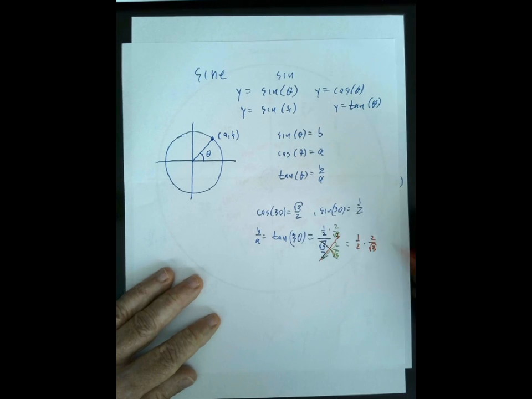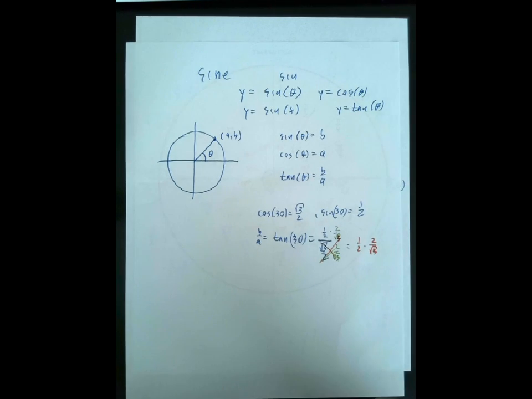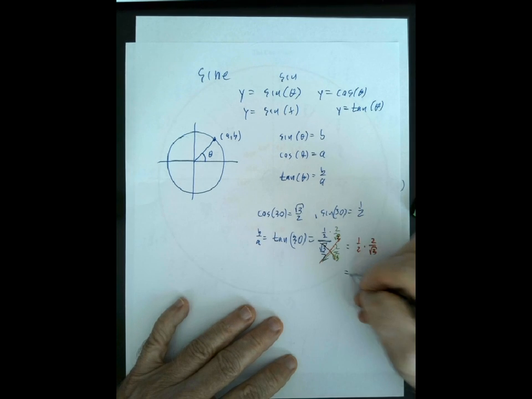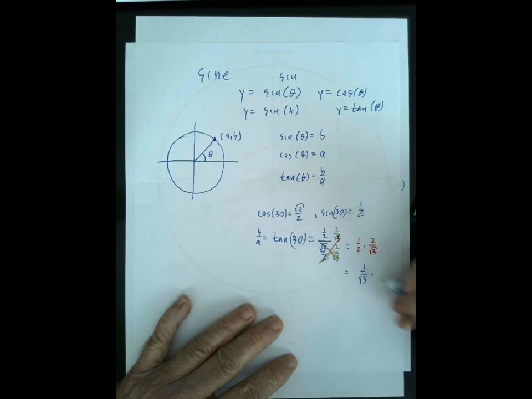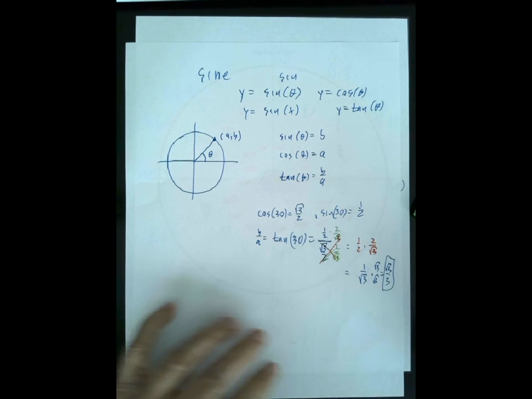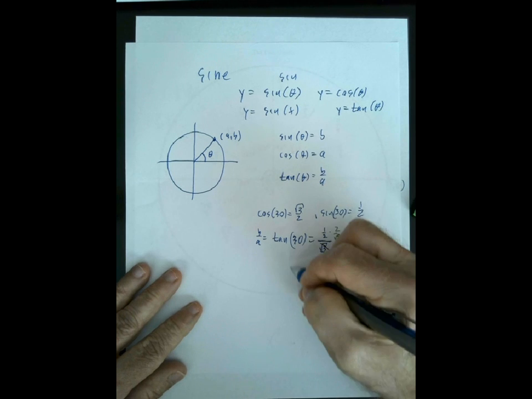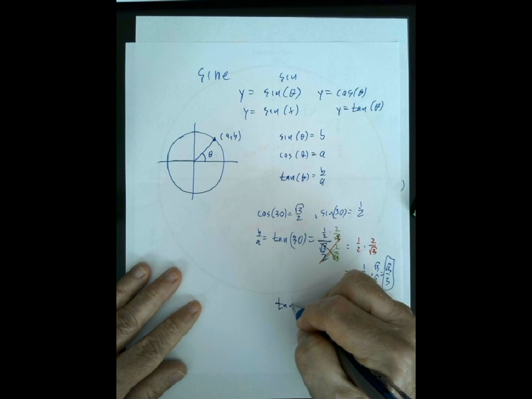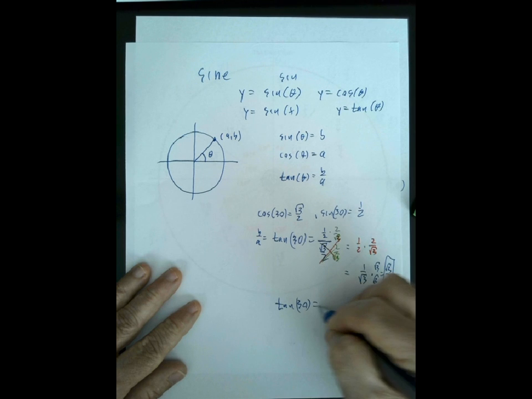Notice here that the 2's cross cancel, and we end up with 1 over rad 3, which we rationalize as rad 3 over 3. Okay, so the tangent of 30 works out to be rad 3 over 3.